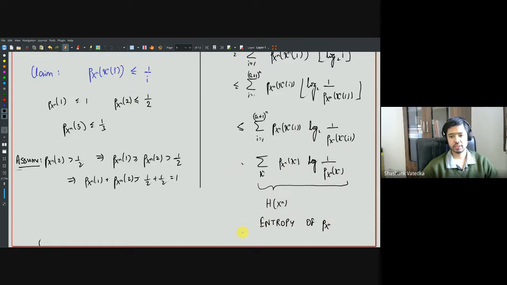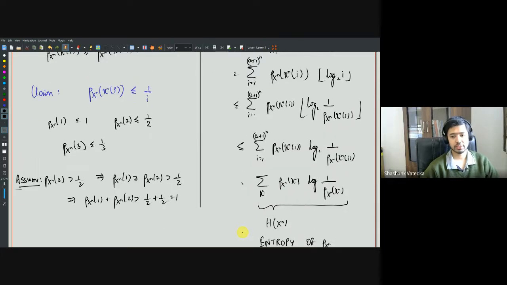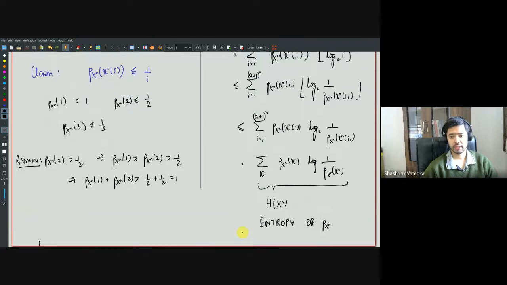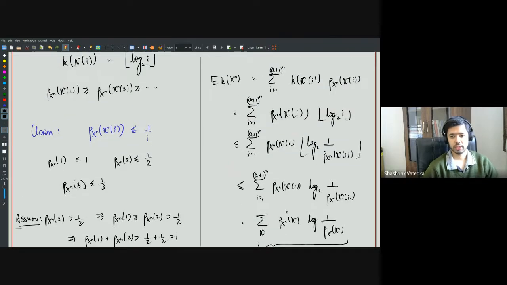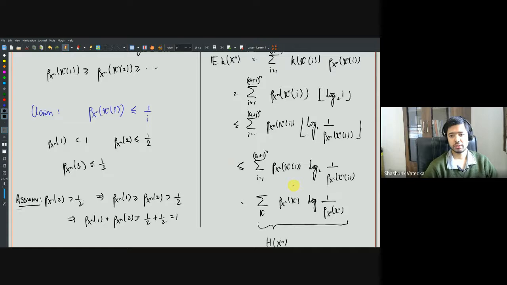So there is a scheme for which the compressed length is less than or equal to the entropy. Okay, but this is a pretty tight bound, right? So we know that this is less than or equal to the entropy, but it is off by at most 1 bit.